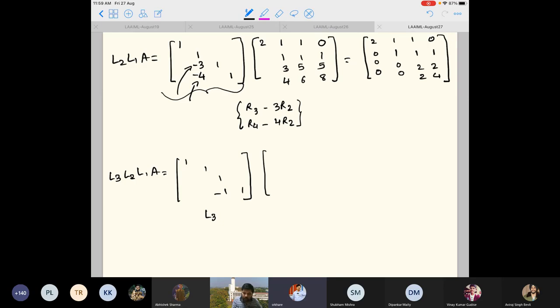And now what is your L2, L1A? 2, 1, 1, 0, 1, 1, 1, 2, 2, 2, 4. So this is the matrix that you have. 1, 2, 3, 1, 2. What will be the product that you will get?